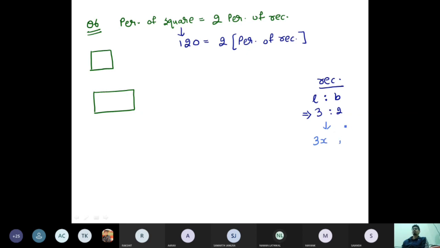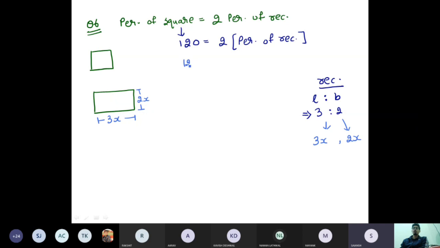So the length will be 3x and breadth will be 2x. Is this clear to everyone? Yes, sir. Now find the breadth of the rectangle.